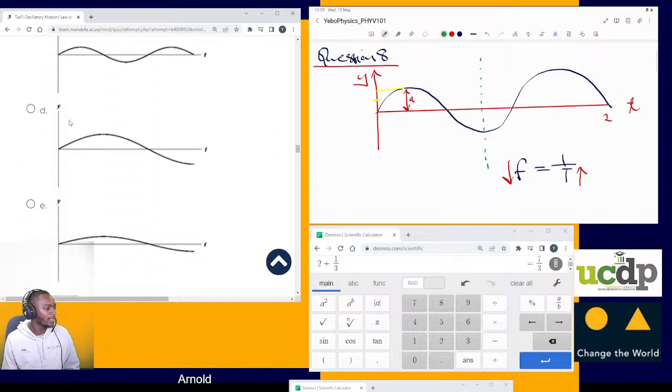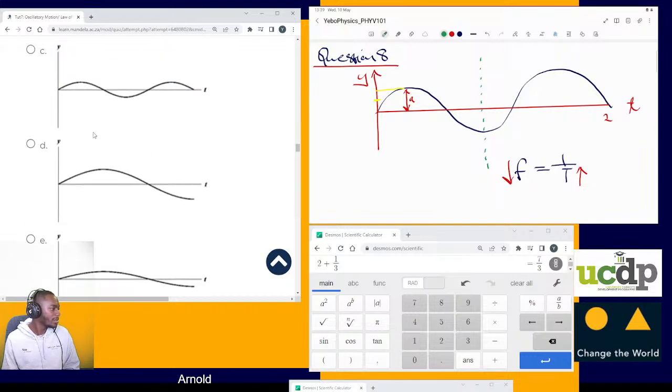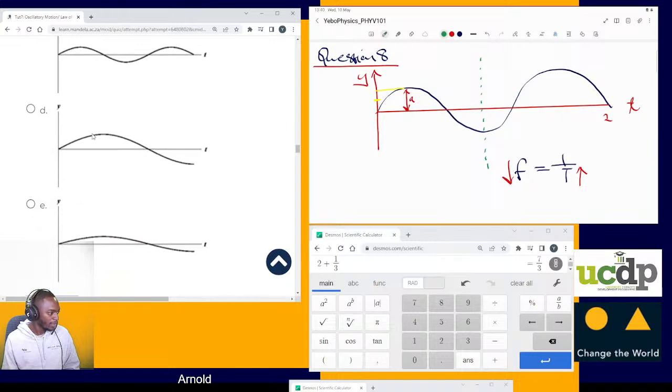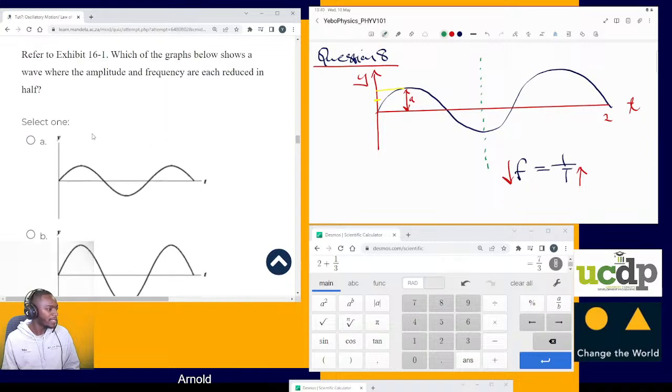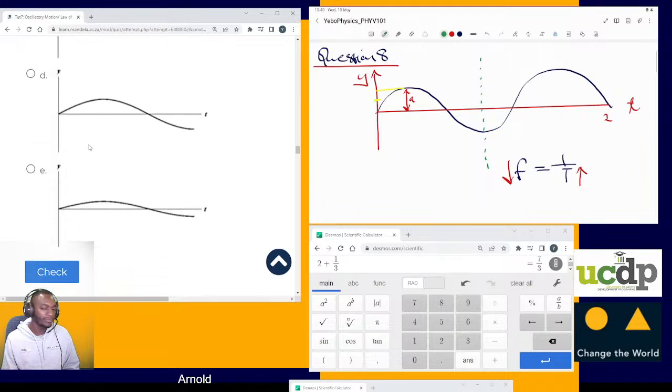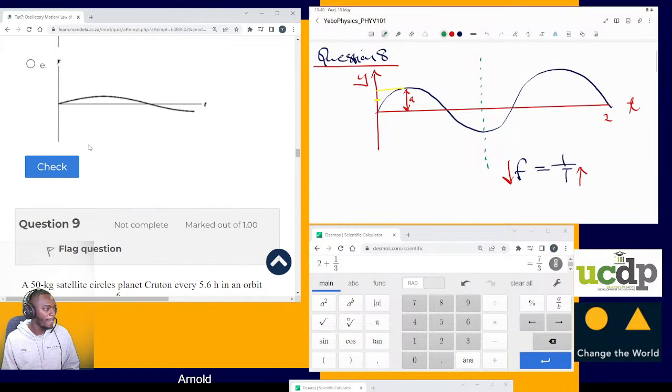So C is out. Then D, we see that the amplitude looks the same, meaning it hasn't changed. So this is not what we want. The amplitude should actually change.